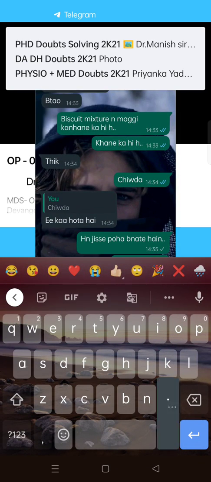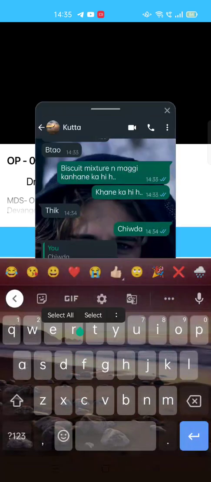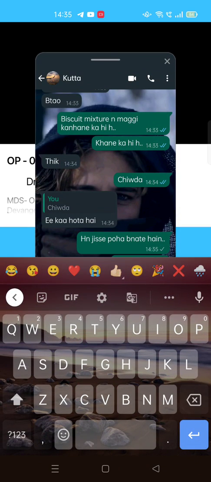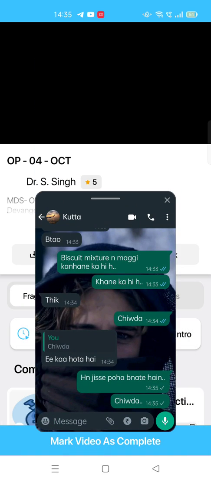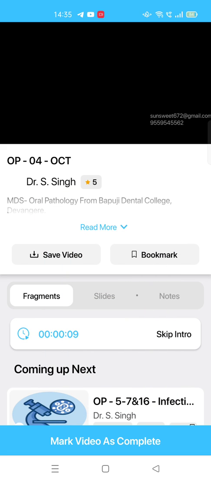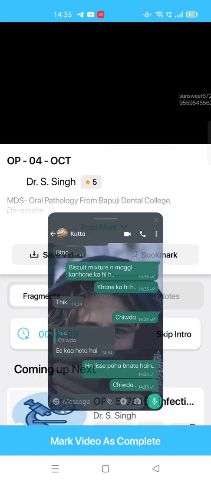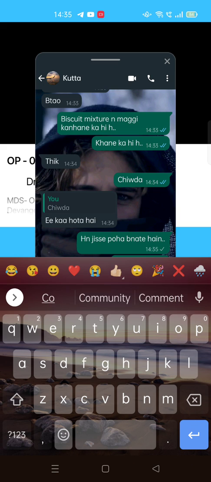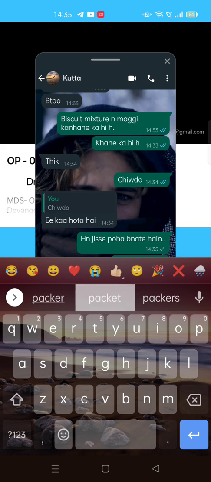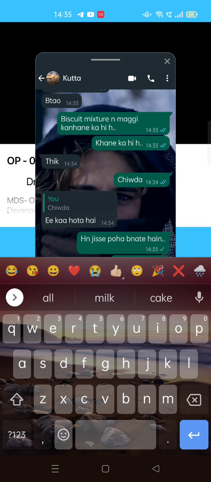The fourth type is the collateral type, which is seen between the roots of two adjacent teeth. This is the envelopmental type, the primordial cyst, also called the replacement type, and this is the extraneous type.